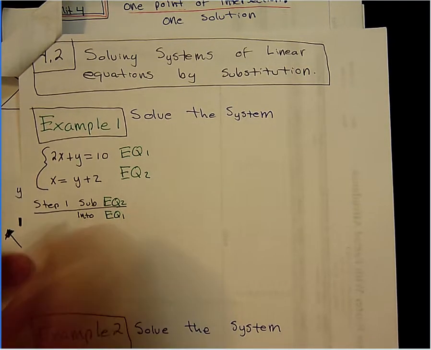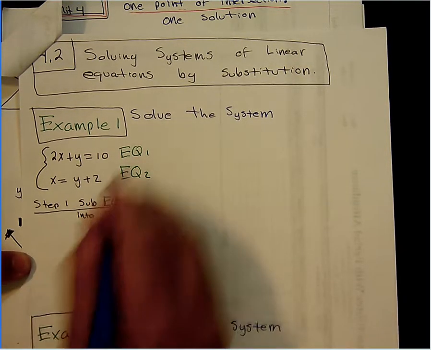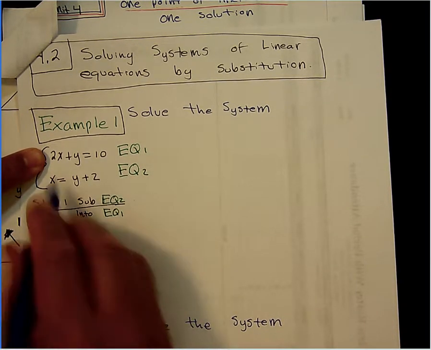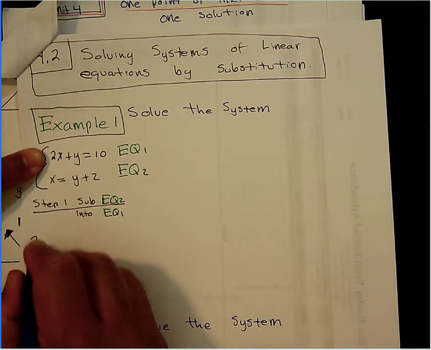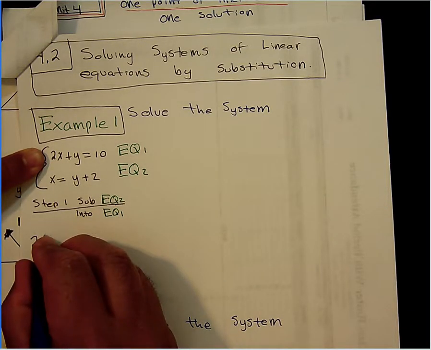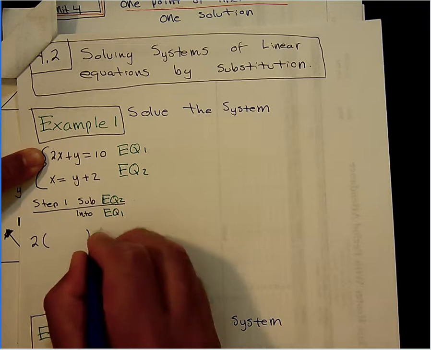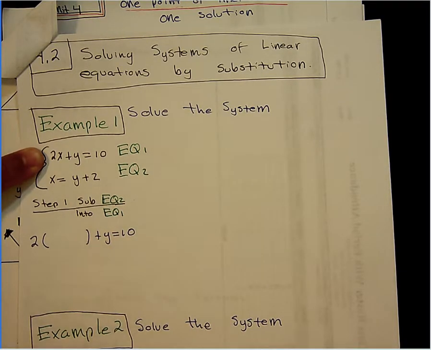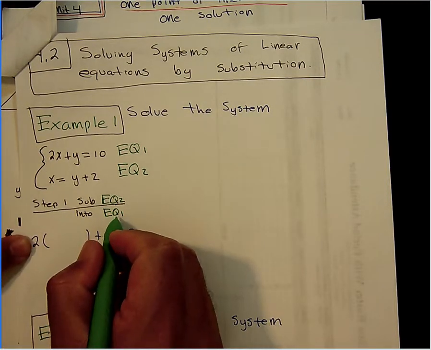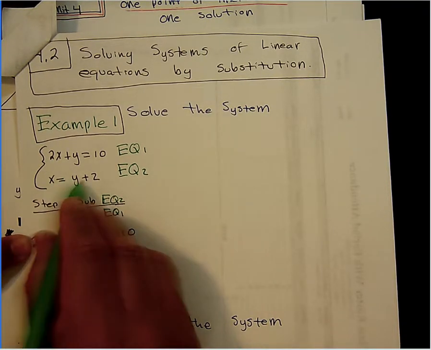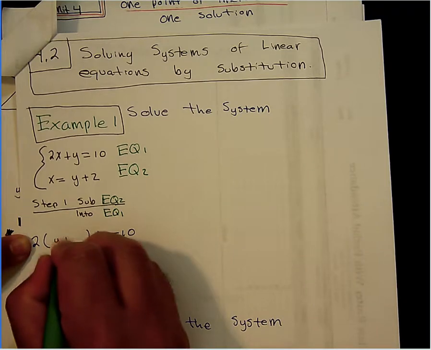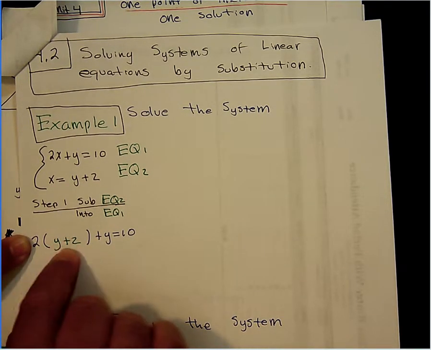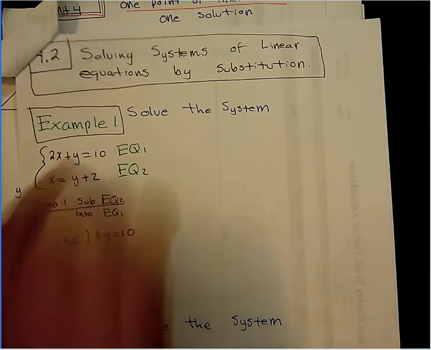I'm going to rewrite equation 1, because that's where we're substituting. I'll leave the 2, parentheses, plus y equals 10. Inside I'm going to put equation 2, which is already solved: y plus 2, because x is equal to that part. I'm only putting the second part for that x.